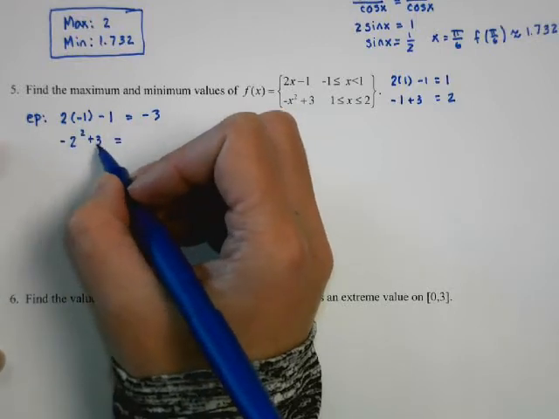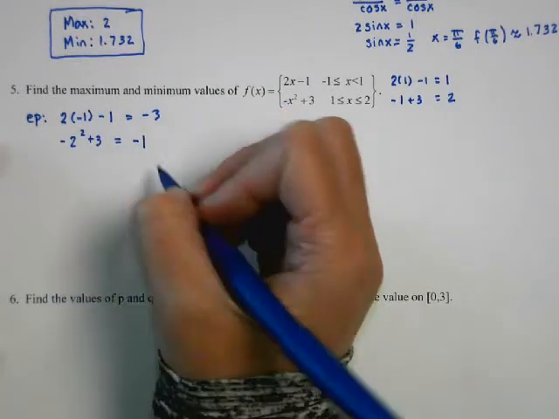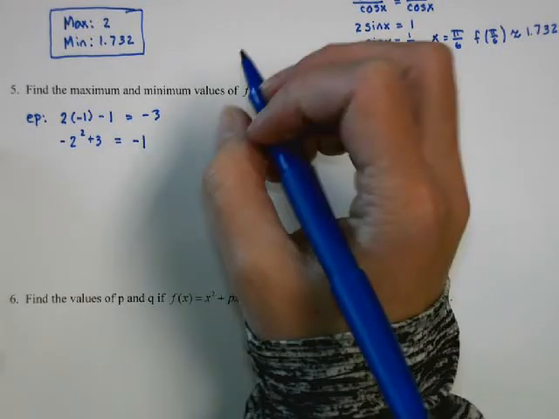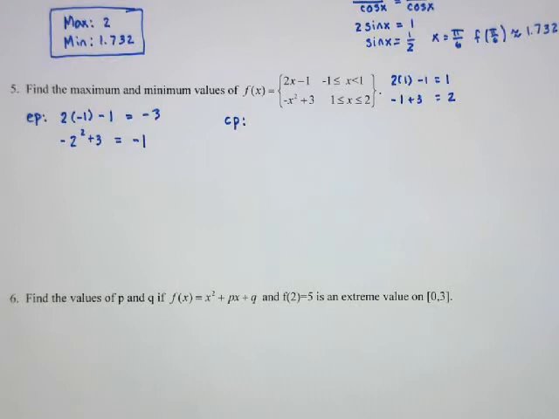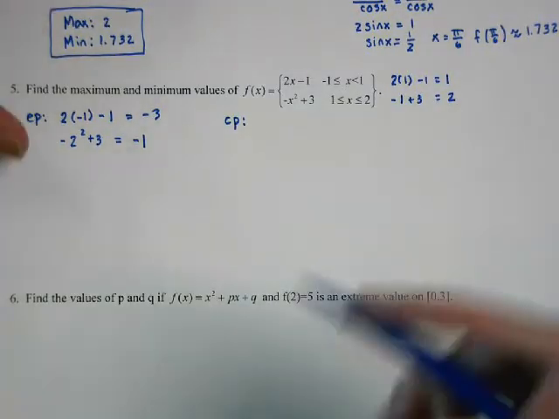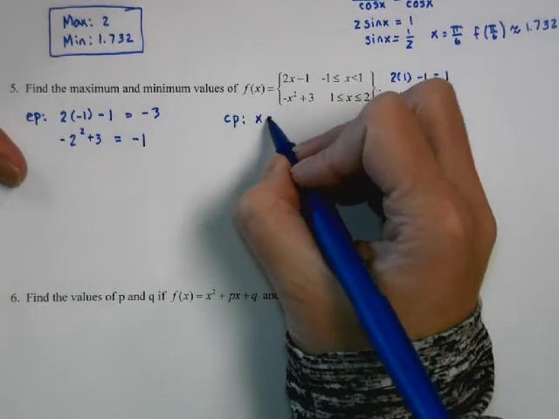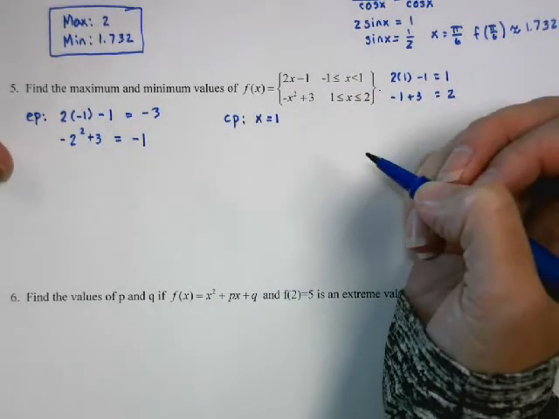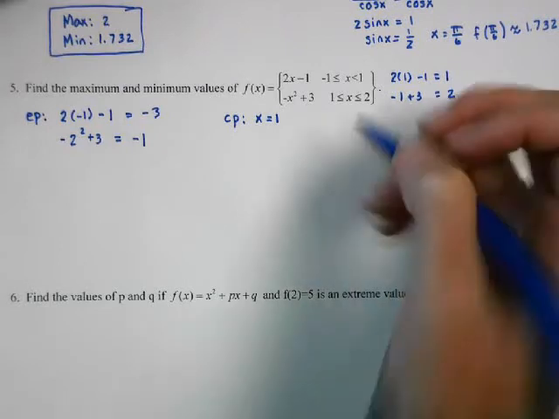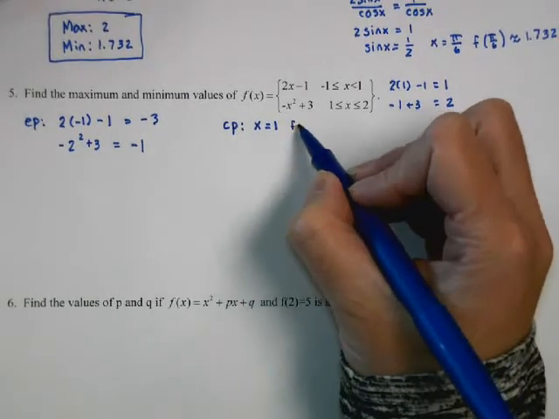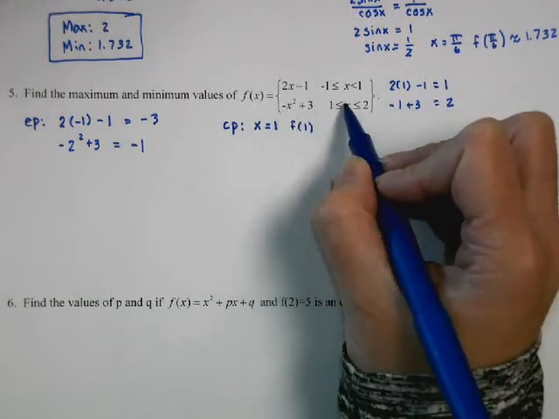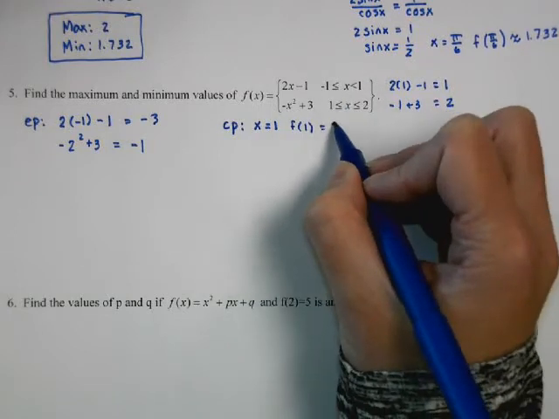So this is going to be a negative 4 plus 3, which is a negative 1. For the critical points, for x equals 1, because we said that's our one critical point because the derivative is not defined there, the function value f of 1 using here is going to be 2.